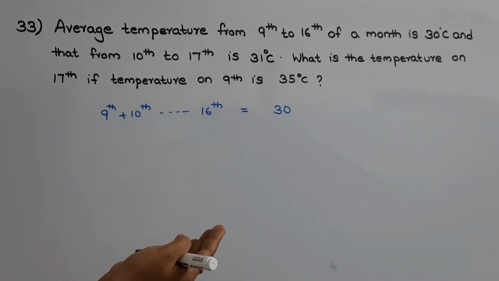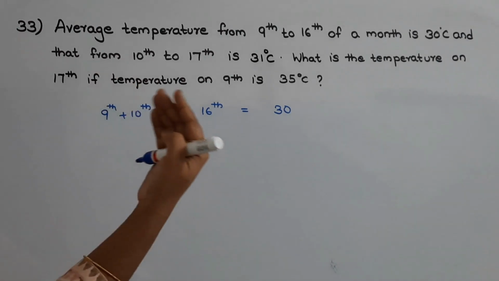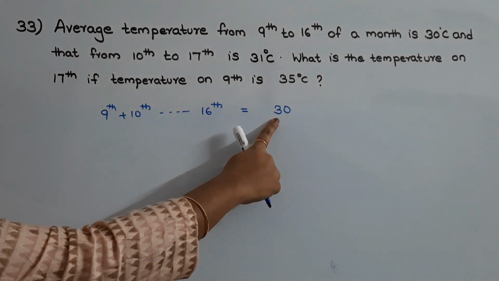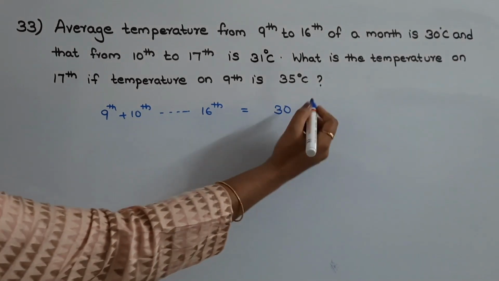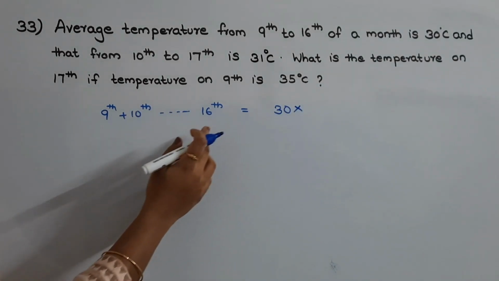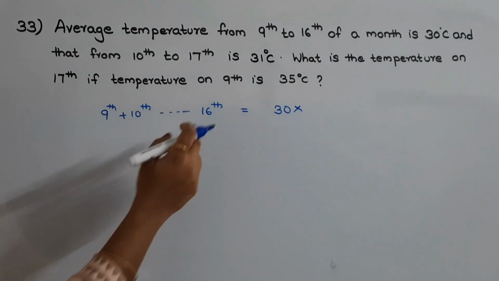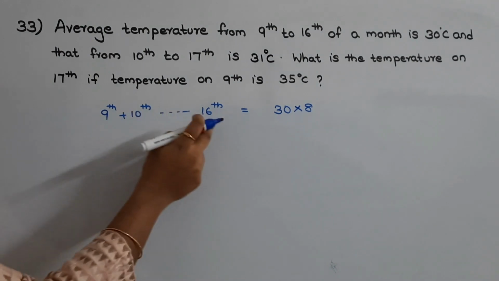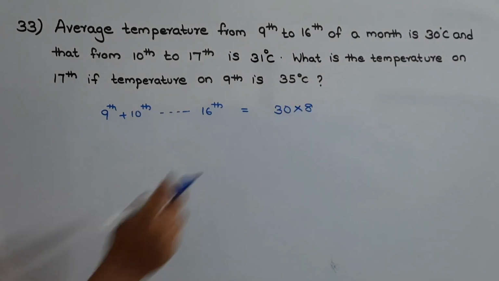Sum of observations is equal to average into number of observations. So the sum of the temperatures will be average temperature into number of days. From 9th to 16th there are 8 days. So the sum of the temperatures from 9th to 16th will be 30 into 8.